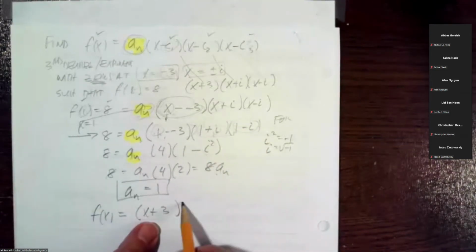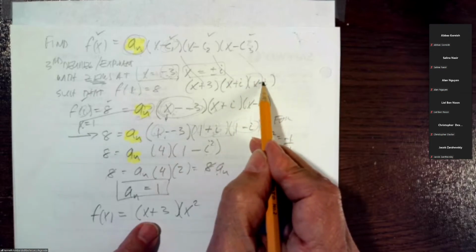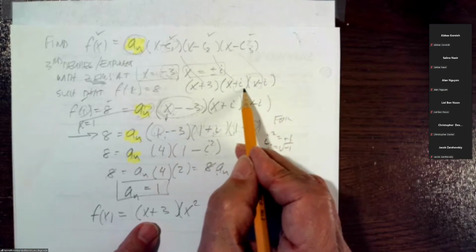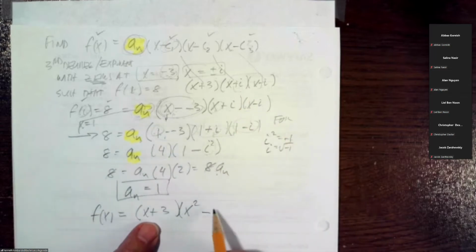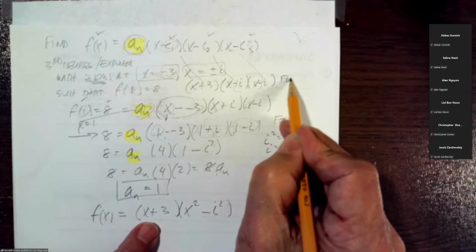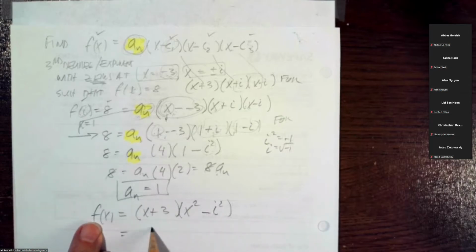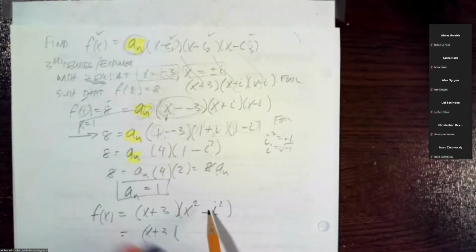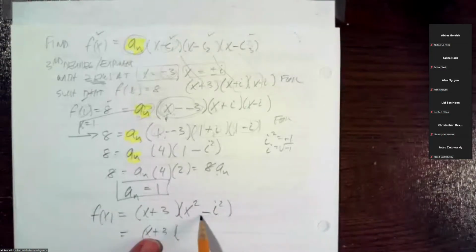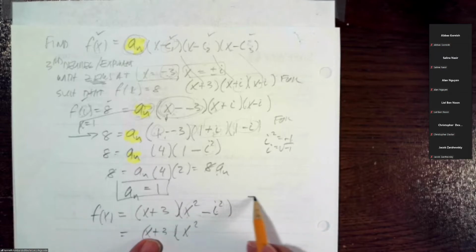If we FOIL that, x times x is x squared. x plus i, x minus i, those cancel. And then minus i squared when we FOIL this. If we simplify this, x squared minus i squared, i squared is negative 1, negative times negative is a positive. So that's going to give us a positive 1.